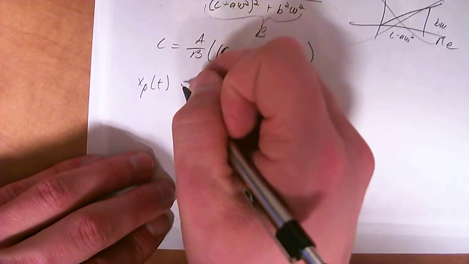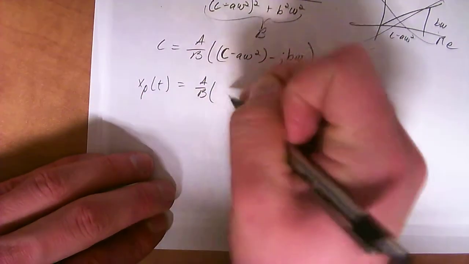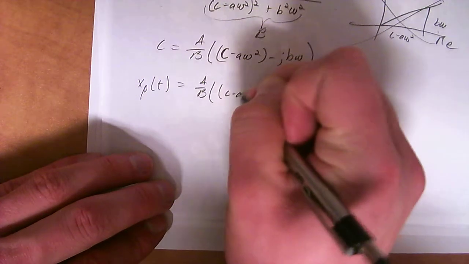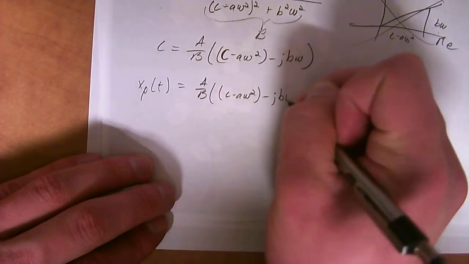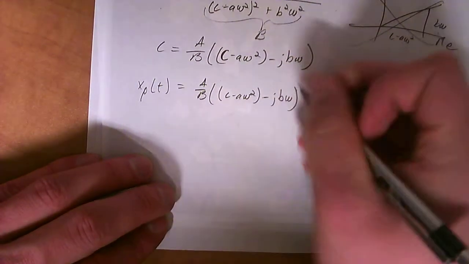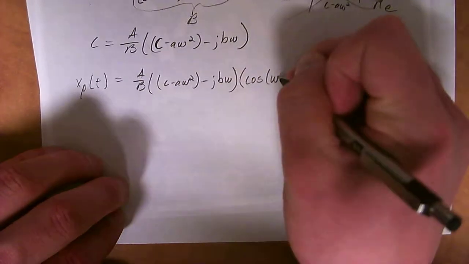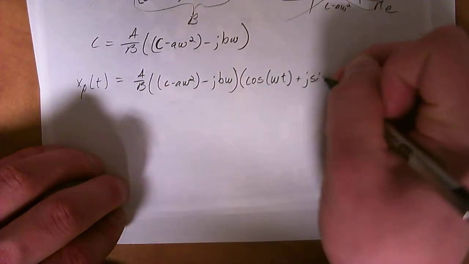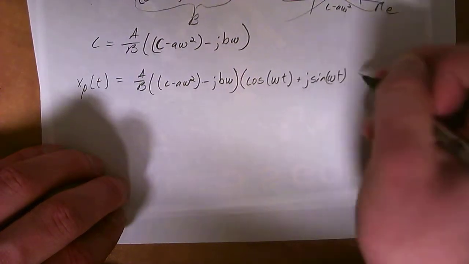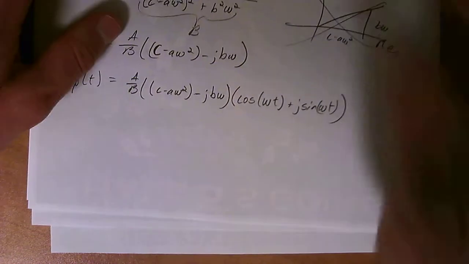Okay, so now we have C. So we can substitute that back into the particular solution at the top, and we get xp of t is equal to A over B of C minus A omega squared minus j B omega, close that up, times cosine of omega t plus j sine omega t.